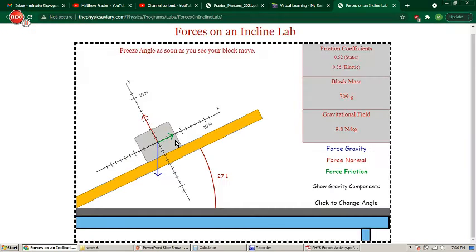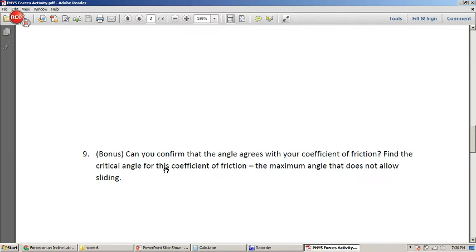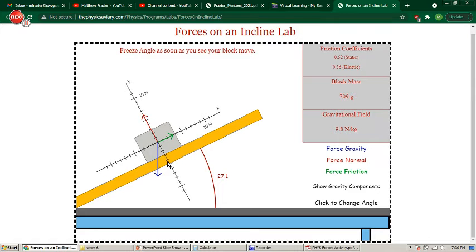But can you calculate this critical angle? And that means comparing the friction force to the x component of the weight force and the normal force to the y component of the weight force. And right, that coefficient of friction is the ratio of the friction force to the normal force, which means it's a ratio of sine theta to cosine theta.